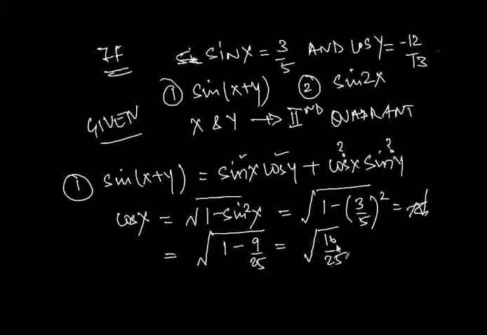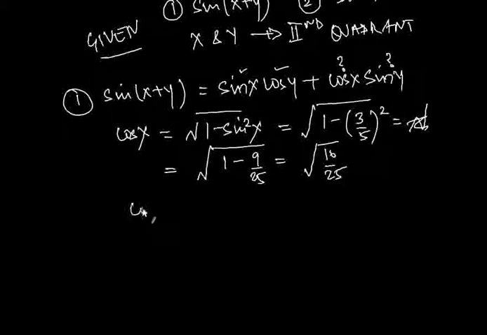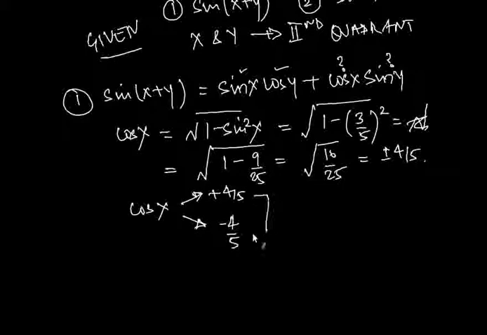This could mean that cos x is either equal to plus 4 by 5 or minus 4 by 5. So we have two values for cos x, and only one of them makes sense, so let's see which one we need to pick.